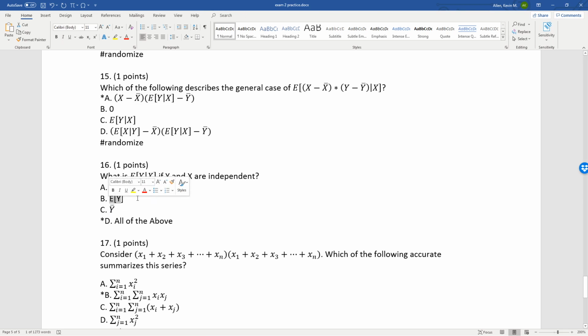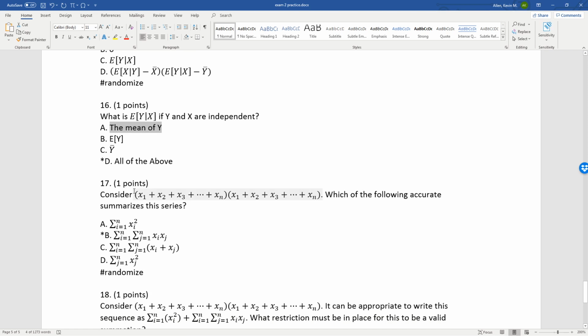But these two are equivalent. I could use either one. So every time you see y bar, you're seeing the expected value of y, which is also the mean of y. It's just something to keep in mind that things that look confusing because you haven't seen them before may just be a different way of expressing the same thing.